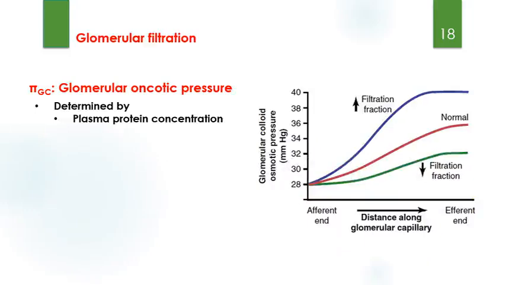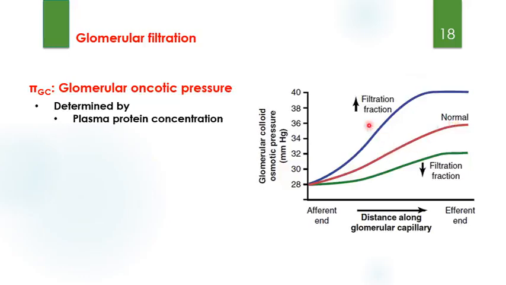We previously mentioned that colloid osmotic pressure of glomerular capillary, or oncotic pressure, will increase from afferent end to efferent end for normal filtration fraction.